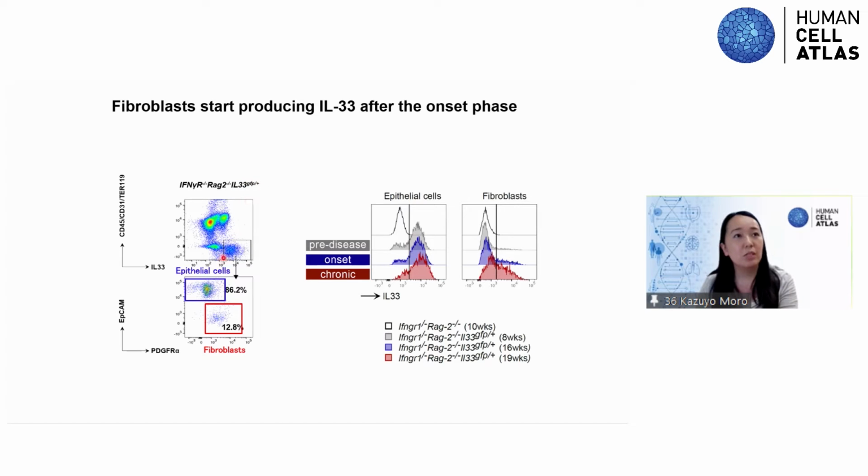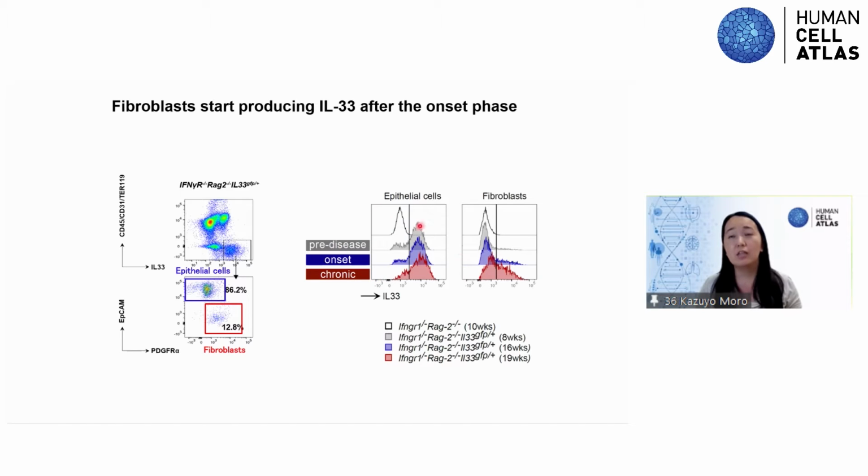IL-33 GFP plus mice and gated on IL-33 positive cells. So it is well known that epithelial cells are the big source of IL-33, but this time we found that fibroblasts also express IL-33. So we checked the IL-33 expression in epithelial cells and fibroblasts in different phases.